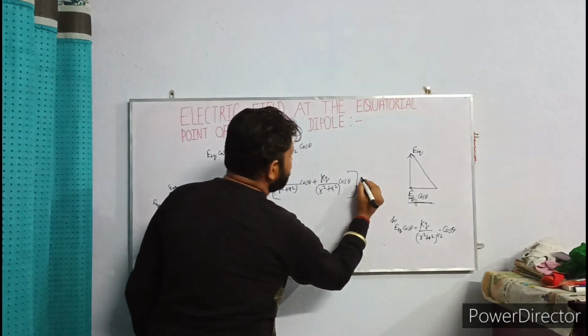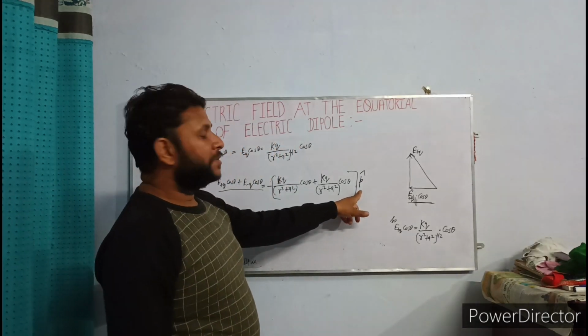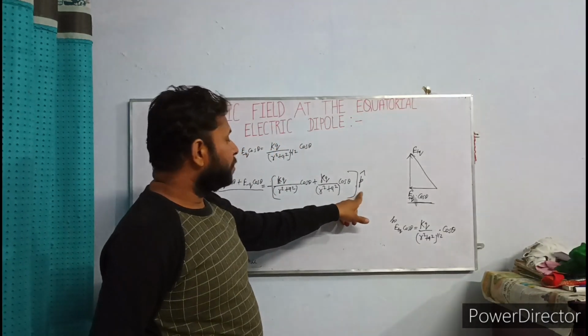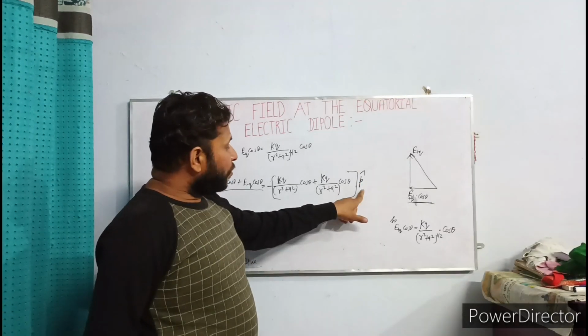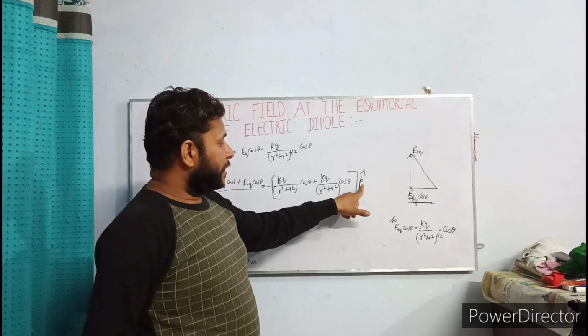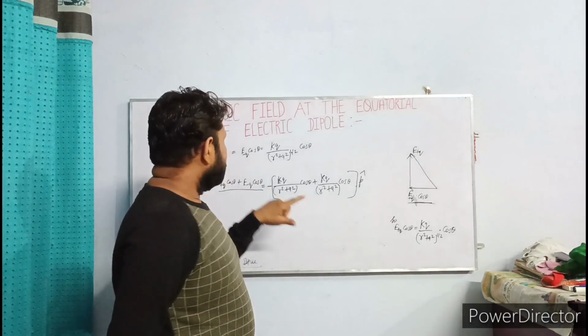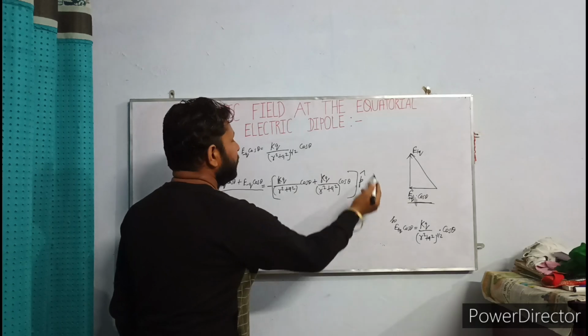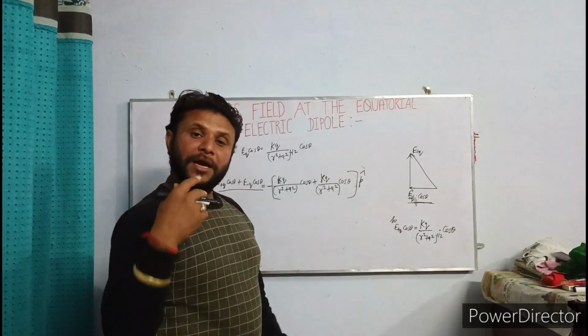Here p cap is the unit vector that indicates the direction of the dipole moment.